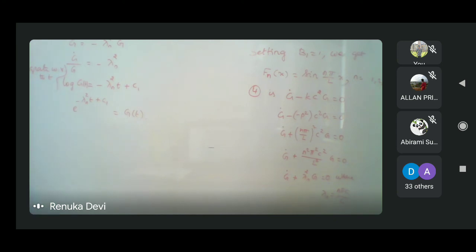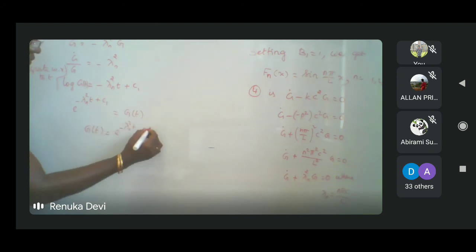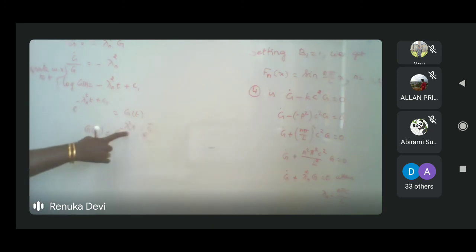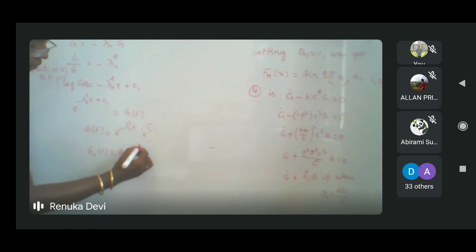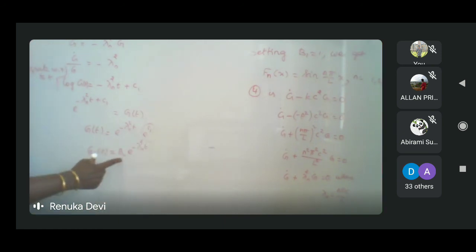That is g of t equal to e raised to minus lambda n square t into e power c1. So for every n we are having one g. Therefore, this can be taken as gn of t equal to bn e raised to minus lambda n square t, for every n we have some constant.